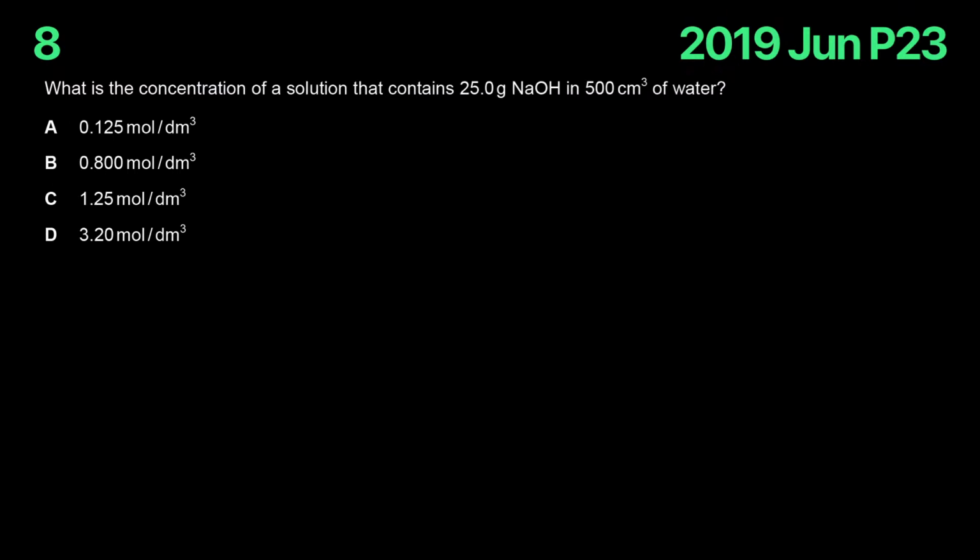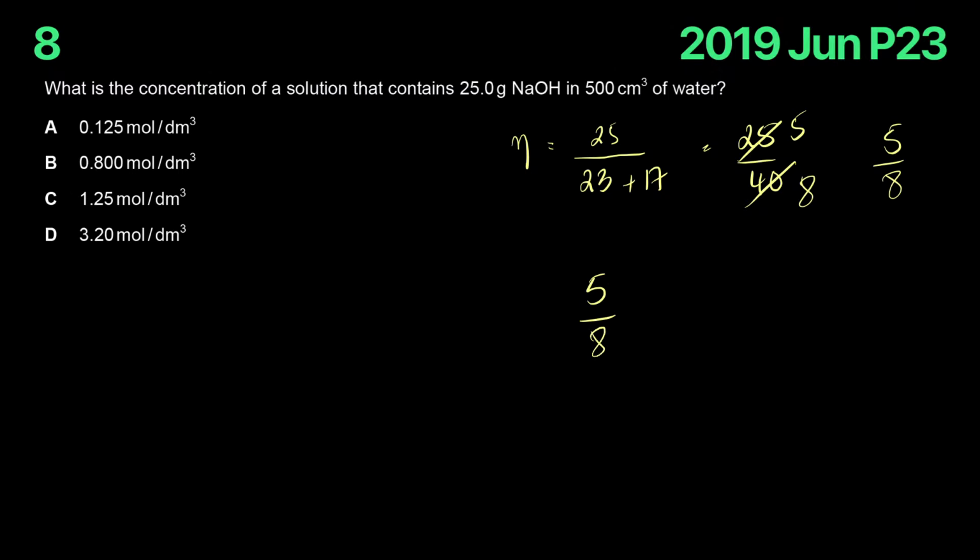Why is this difficult? I'm thinking sodium is 23, the Mr. Isn't that right? 23 plus 7 is 30, then 40. 25 over 40 is, let's try doing this without a calculator. 5 times 5, 5 times 8, what's 5 over 8? I don't know. But I just now have to multiply this by 2. Why? Because it's in 500 centimeters cubed of water. If I multiply it by 2, I can just find out the concentration.